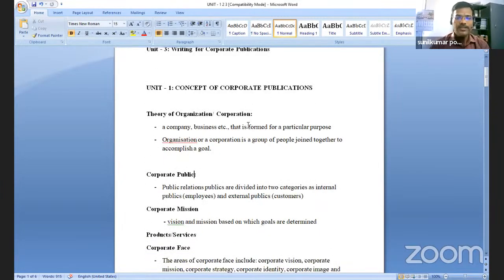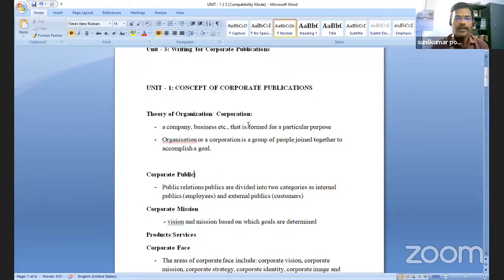What is an organization? What is a corporation? First, we have to know about this. Corporation, otherwise organization, is not different; a business or a business company is called a corporation. Sometimes it is also called an organization that is formed for a particular purpose.